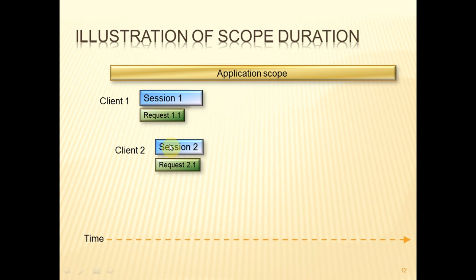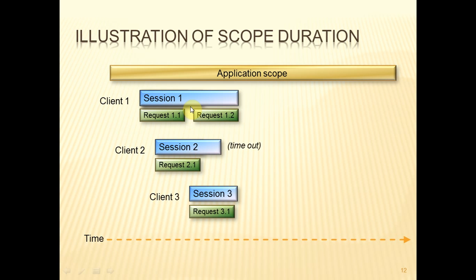Because the session for client 1 has not yet timed out, that session still exists. But of course, servlets that are processing this request are able to get hold of this session, but are prevented from gaining access to session 1.